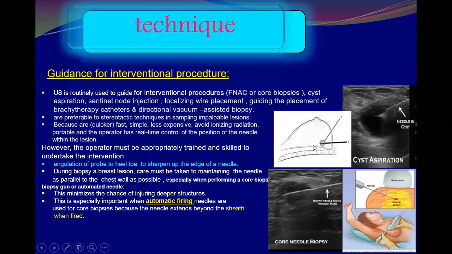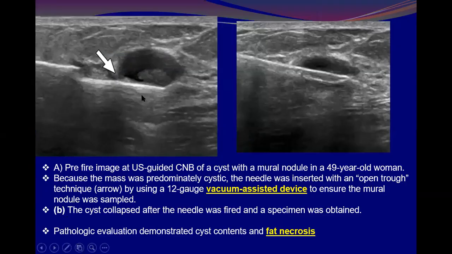Try to introduce the needle more horizontally, especially for the one with automatic fire, so it is not going a longer distance that might hit the ribs, the chest wall, or the pleura. To avoid that, definitely WAFA is going to give you much more information in the lectures on interventions.